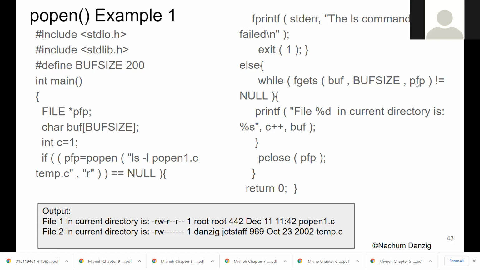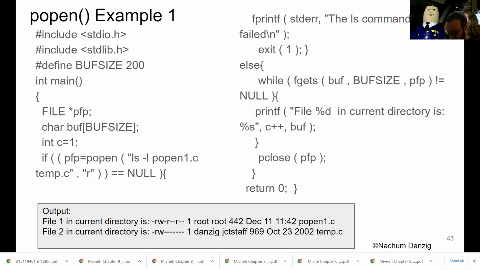I read from PF, that same pipe that I created over here, that file pointer, and read from it into the buffer called buff, which has the size buff size. In other words, don't read more than whatever buff size is, which is 200 in this case.